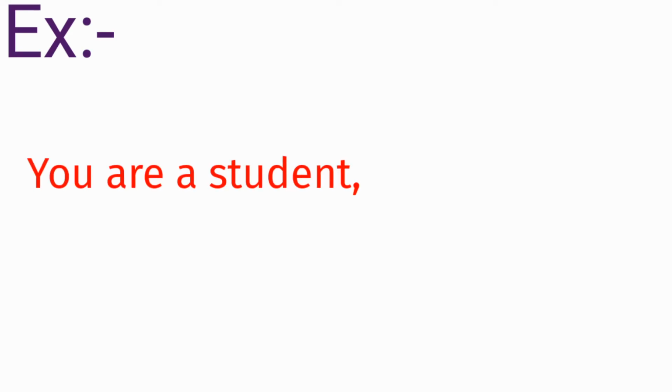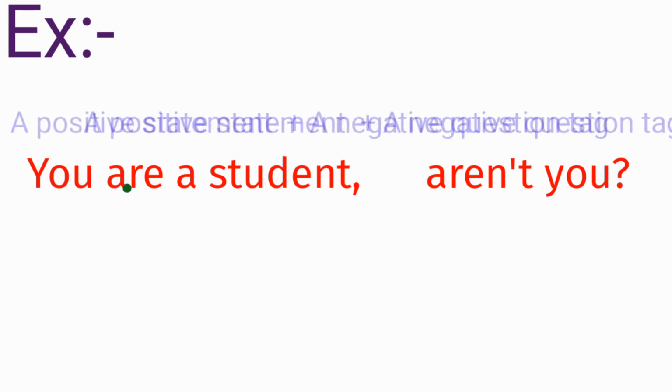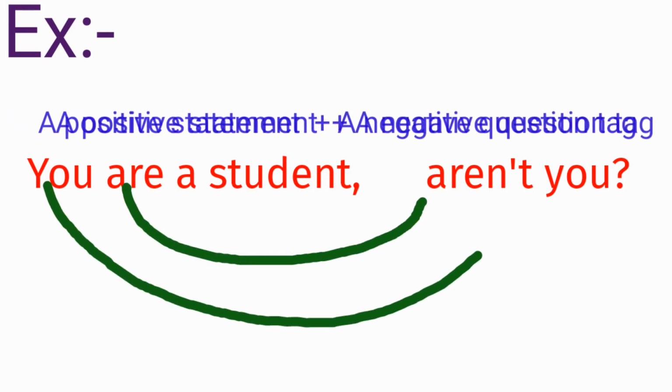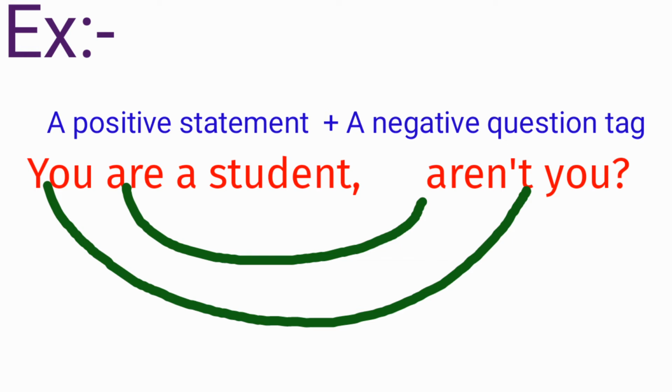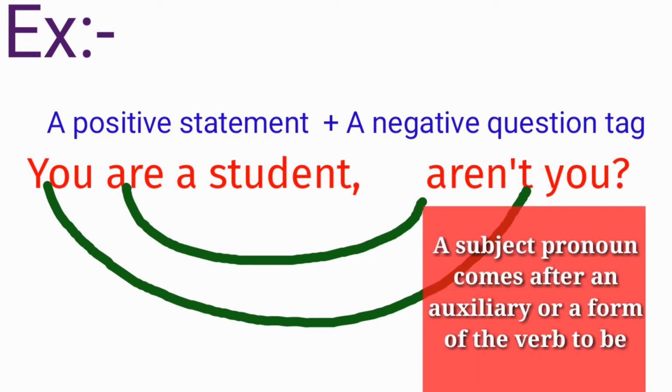For example, you are a student, aren't you? Here, you are a student is a positive statement and aren't you is a negative question tag. So, a subject pronoun comes after an auxiliary or a form of the verb to be.